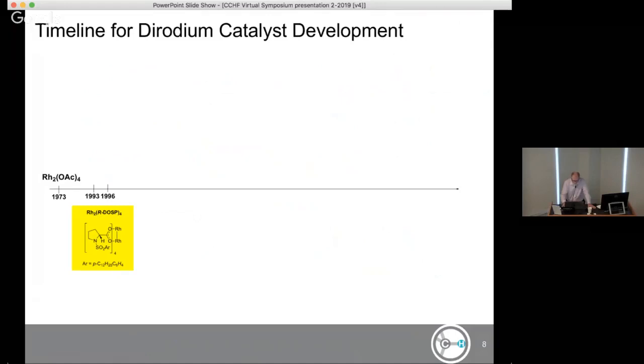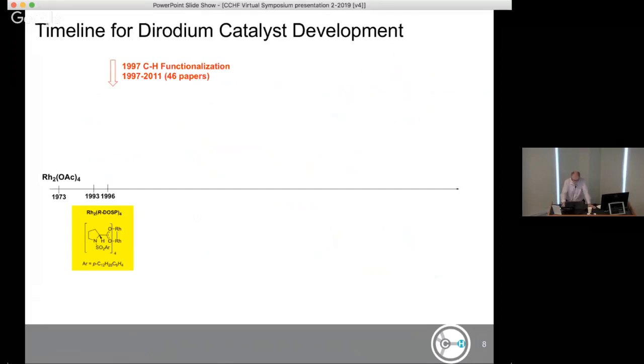This catalyst we called rhodium DOSP. And then very soon thereafter, we began to show that using donor acceptor carbenes with rhodium DOSP, you could actually do enantioselective intermolecular CH functionalization.